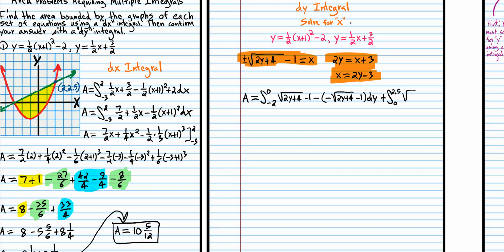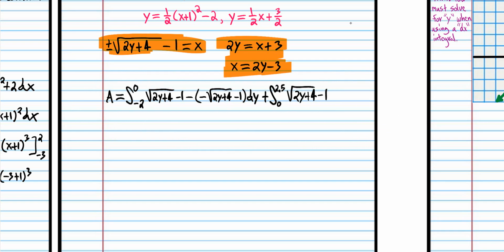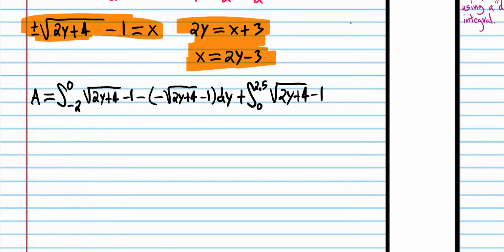So again, we need root 2y plus 4, the positive root version, and then we're going to subtract the x value of the green graph, the line, which is 2y minus 3. So we're subtracting 2y minus 3.